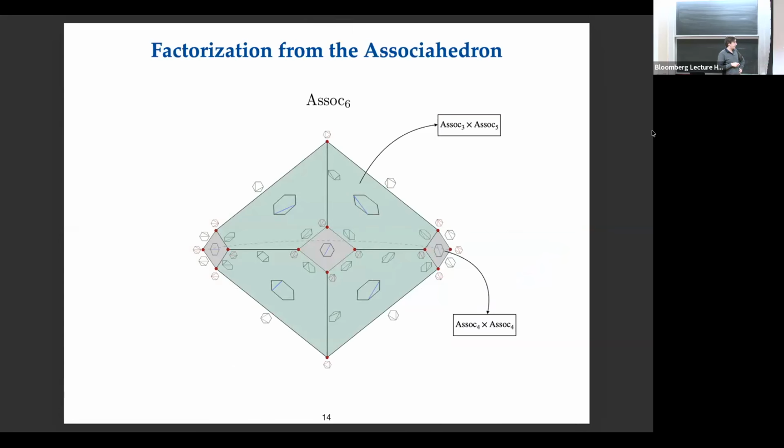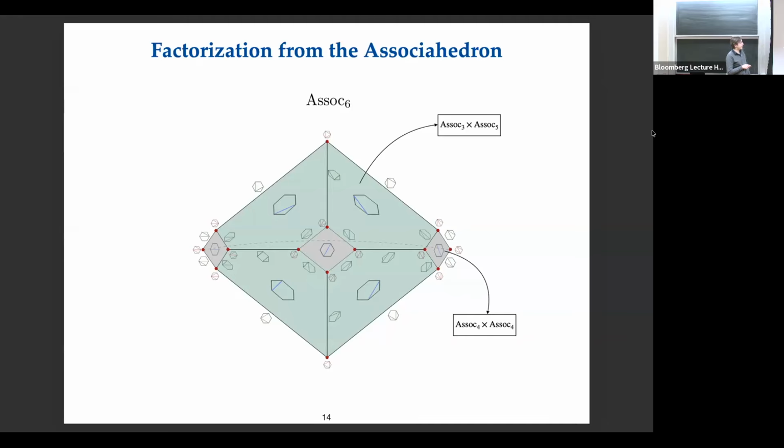It has a very nice factorization structure. A given facet is labeled by one chord. The structure of the facet will be that of the associahedron of the polygon to the left of the chord times the associahedron of the polygon to the right of the chord.